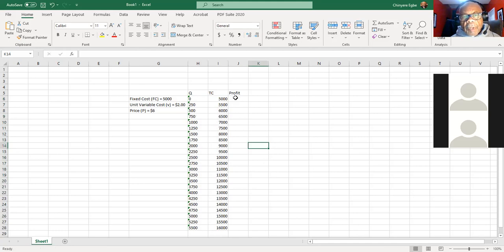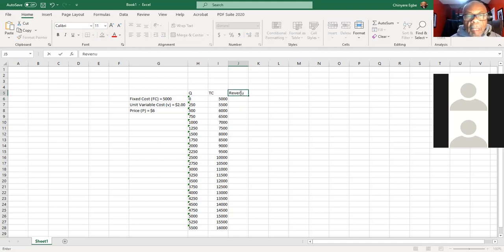All right, and the profit is revenue minus cost. Yes, revenue minus cost. So in fact, let's create here a column for revenue and then a column for cost and profit.